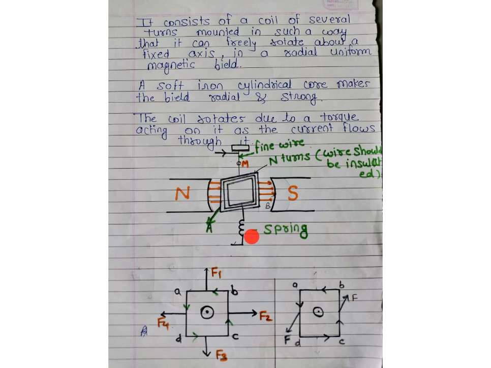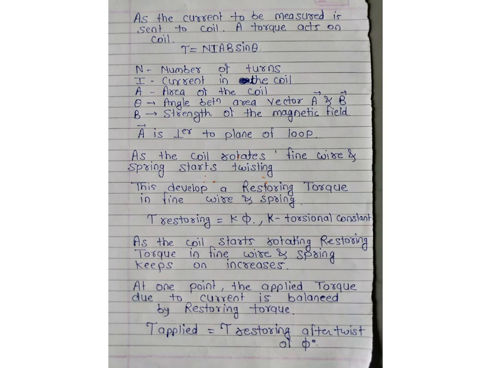Whenever there is a twisting, they develop a restoring torque in the fine wire and the spring. That is, the restoring torque is equal to K into phi, where K is a constant called the torsional constant. So, as the coil starts rotating, the restoring torque in the fine wire and spring keeps on increasing.